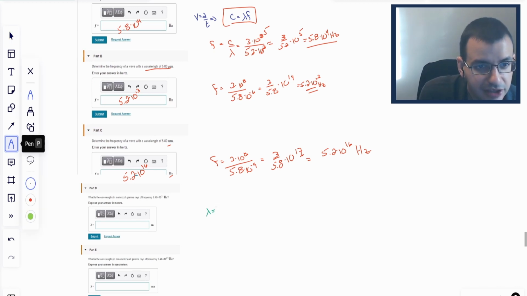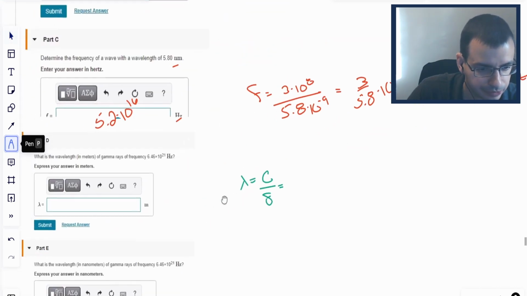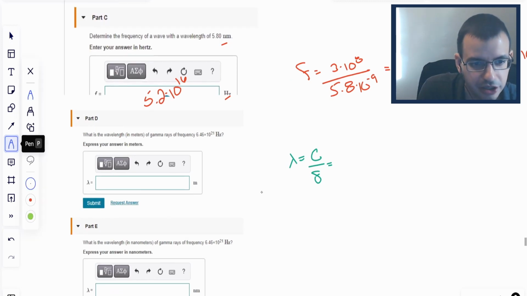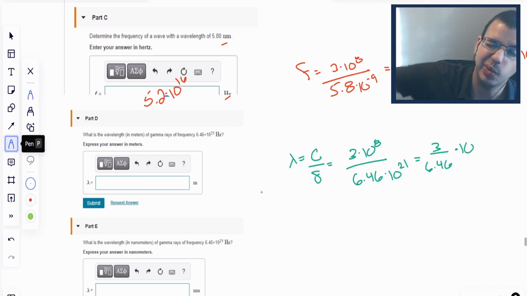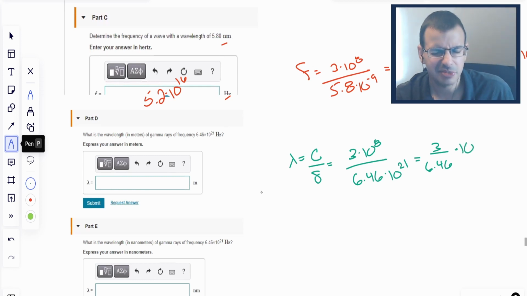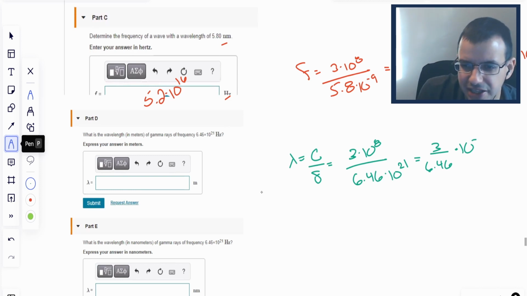So wavelength equals C over frequency, which is 3 times 10 to the 8th over 6.46. They're going to be very small wavelengths, times 10 to the 21, which is 3 over 6.46. 8 minus 21, I think that's 13. So it'd be times 10 to the negative 13th.